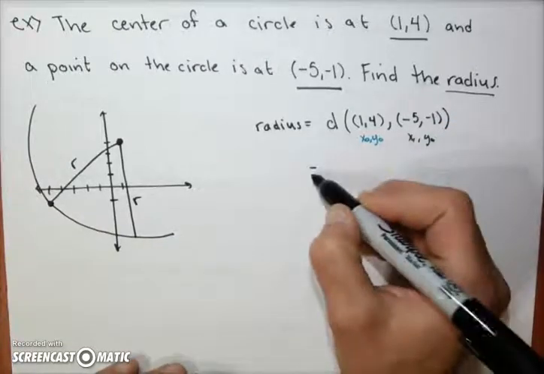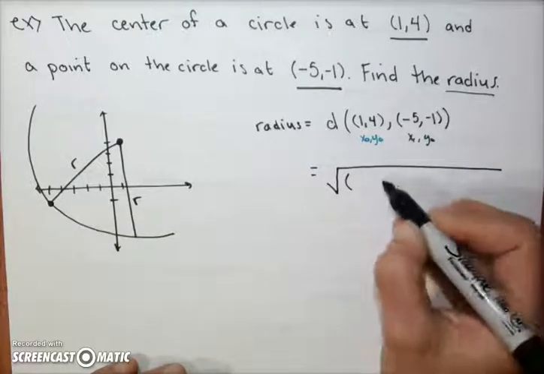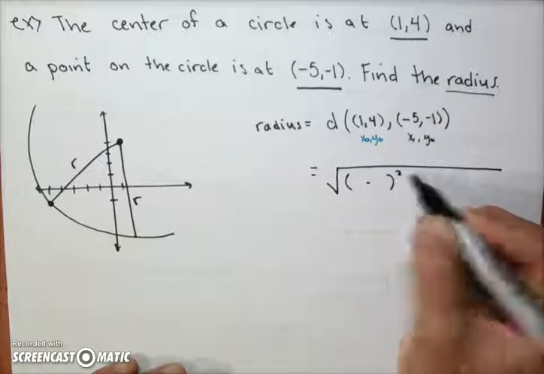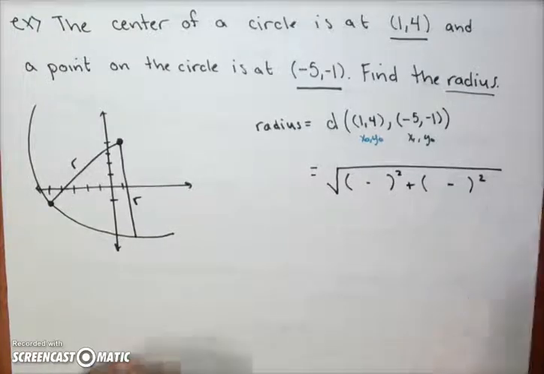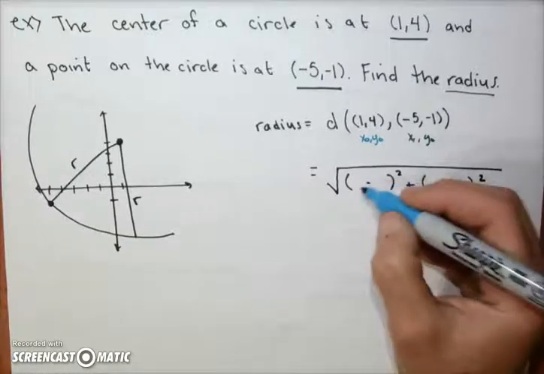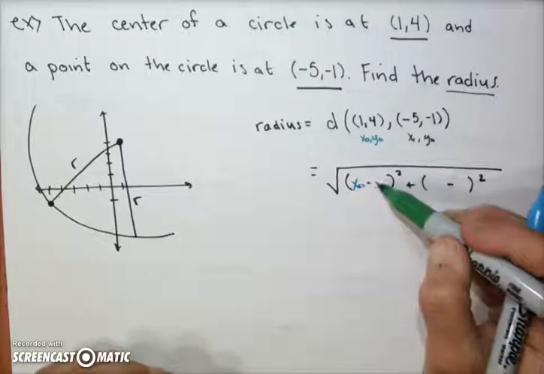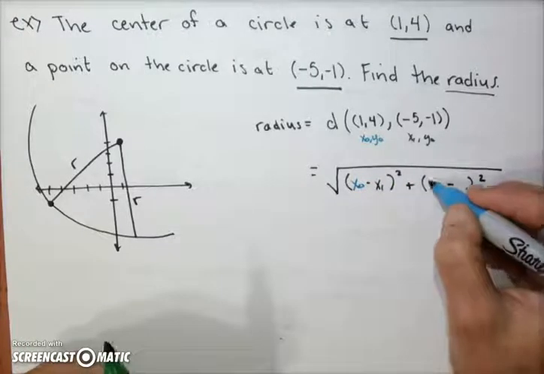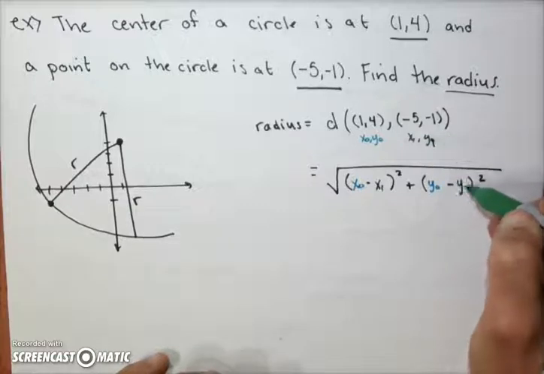Then plugging into the distance formula, I'm going to take the square root of the difference in the x values squared plus the difference in the y values squared. So I'll do x0 minus x1 squared plus y0 minus y1 squared.